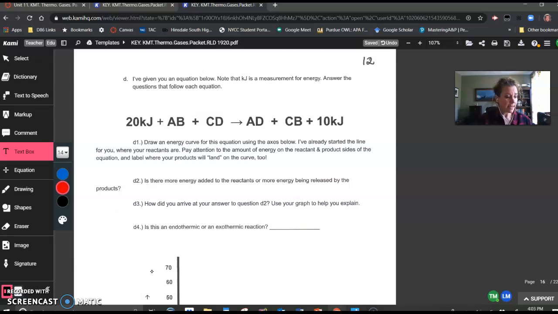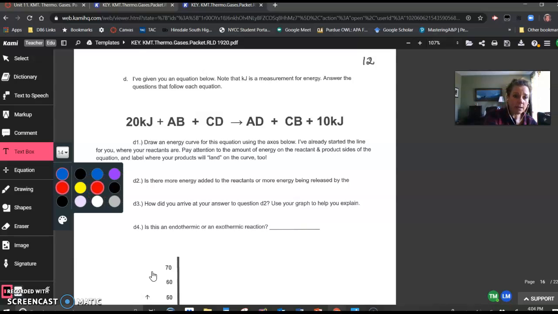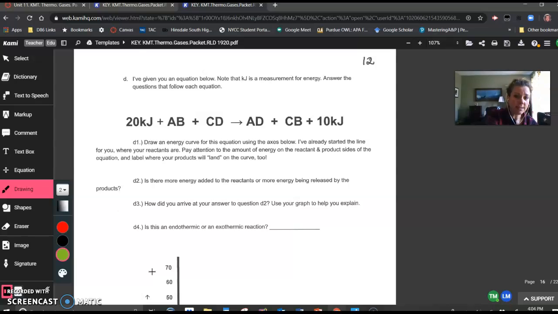Okay, moving on. So I've given you an equation below. Kilojoules is a measurement for energy, and we need to answer the questions that follow each equation. So here is my equation, and this is the energy that's being added to these reactants in order to break the bonds.